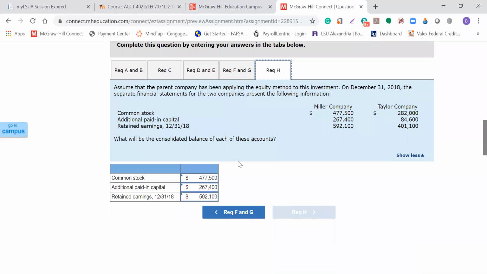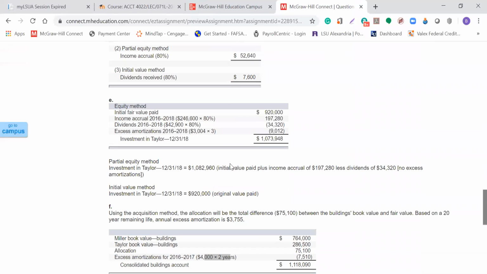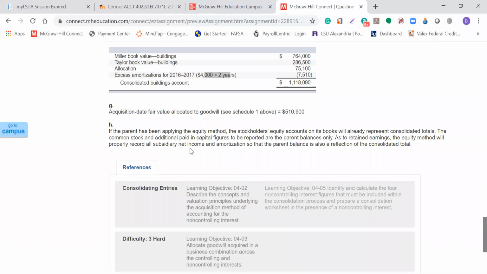For H, it asks us to determine the common stock, additional paid-in capital, and retained earnings. G looks at the acquisition date fair value allocated to goodwill, which was already calculated in Schedule 1 above, $510,900.